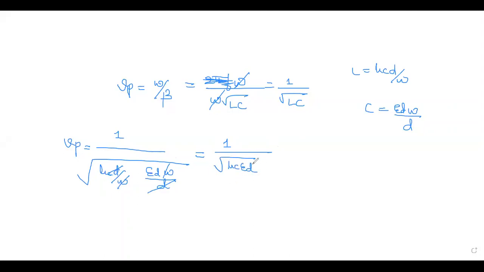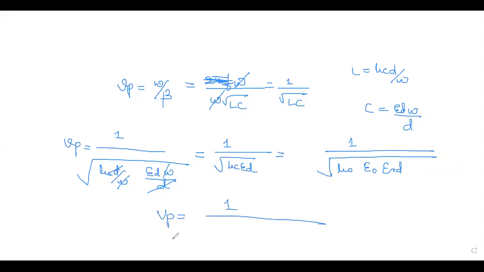Now again, you know that you can substitute for this. Mu_c is nothing but mu naught. Epsilon_d is nothing but epsilon naught into epsilon_rd. So substitute the values of mu naught and epsilon naught. That will be square root of 4 pi into 10 to the power minus 7 into 8.854 into 10 to the power minus 12 into epsilon_rd.